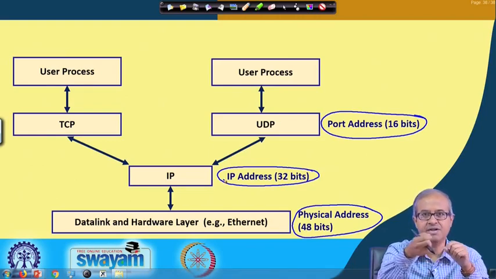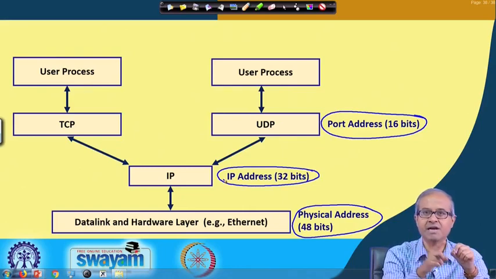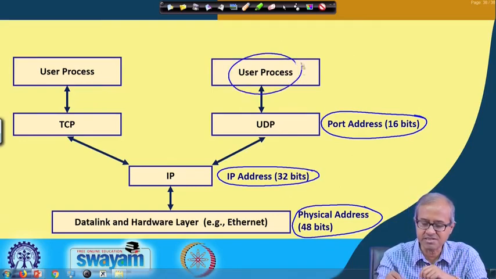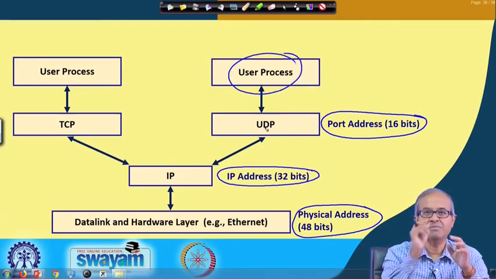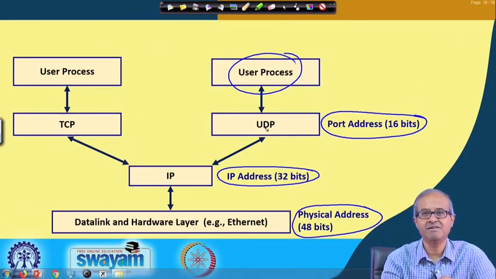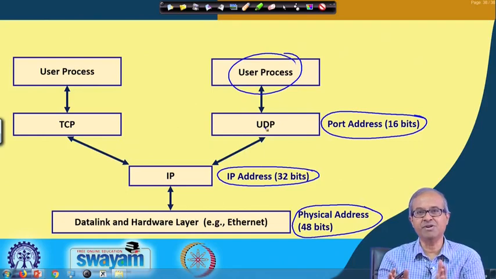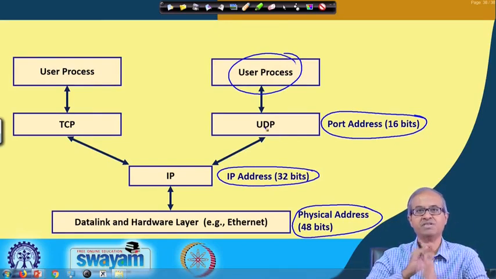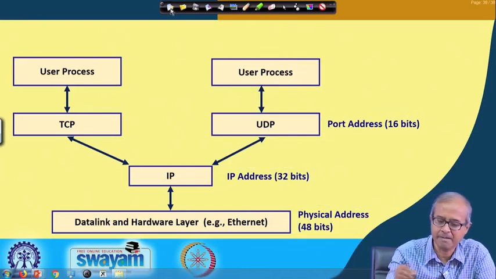Every connection to the internet, to the router, to the network has to have a unique IP address. Port number or port address, every user process running on a computer must have a unique port address. These are the different levels of uniqueness that are maintained, so that process to process communication becomes very unambiguous and unique.